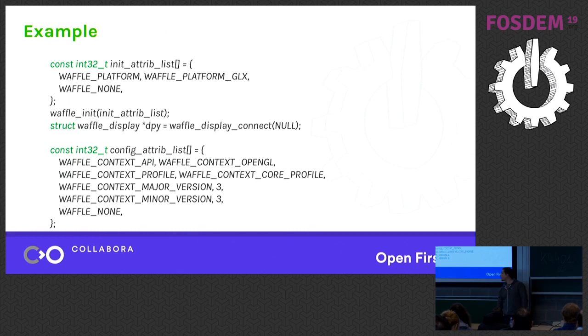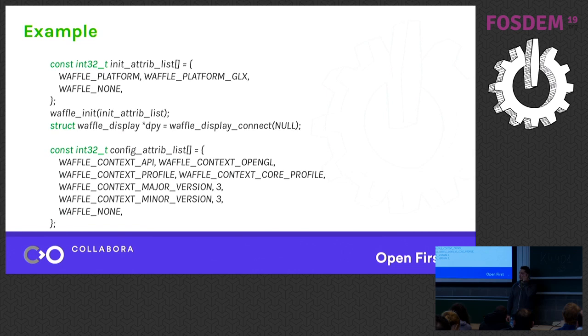So a very quick example. Bear in mind that I have omitted any sort of error checking for brevity, but normally you want that. So you will specify a very short attribute list, what kind of platform you want. You will initialize your connection. You will connect to the display.